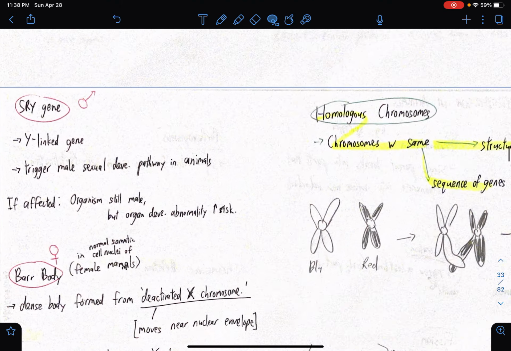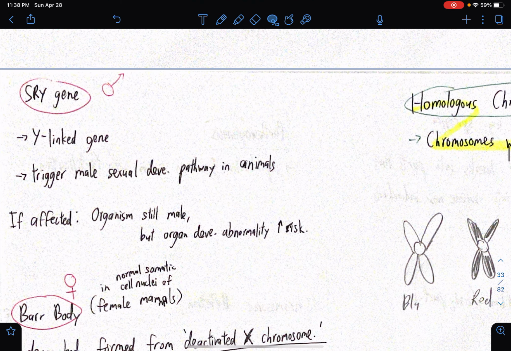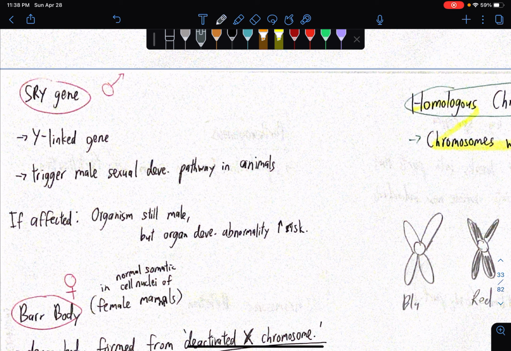This is a lot. Okay, SRY gene. SRY gene is a Y-linked gene. It triggers male sexual development pathway in animals. So this doesn't cover humans. The SRY gene is found in males only, because again, males have an XY.